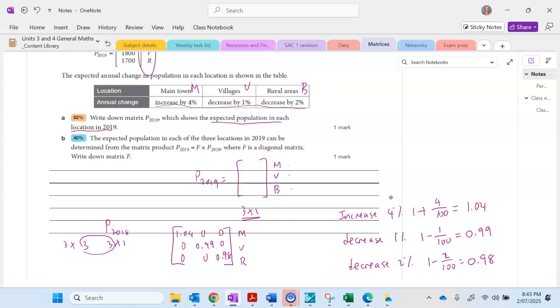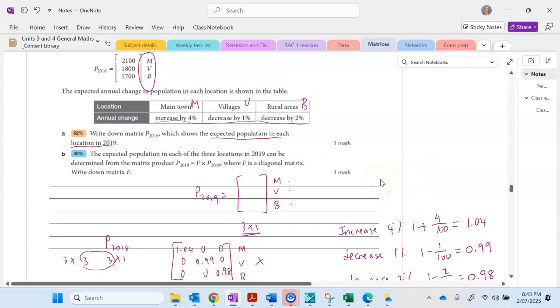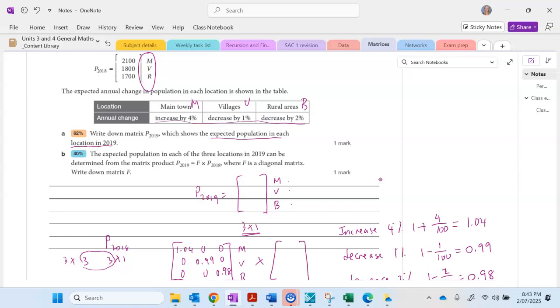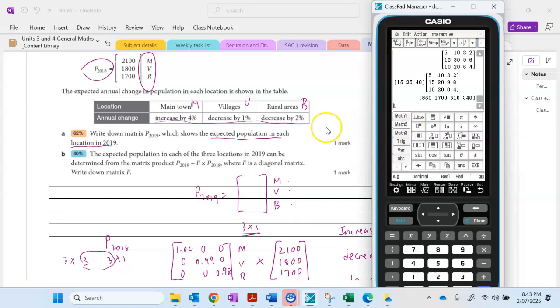So yeah, we're going to multiply that by this matrix up the top here, 2018. So 2,100, 1,800, 1,700. And we should end up with a 3 by 1 matrix.